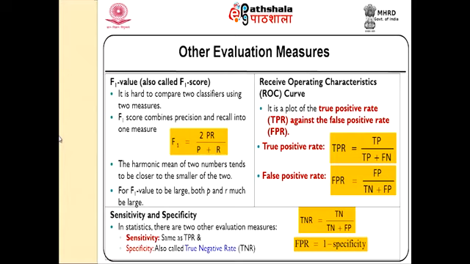Then you have sensitivity and specificity. Sensitivity is nothing but TPR, the true positive rate, and specificity is the true negative rate, which is true negative divided by the true negative plus the false positive, and FPR is nothing but 1 minus specificity. So, these are some of the measures that we use.